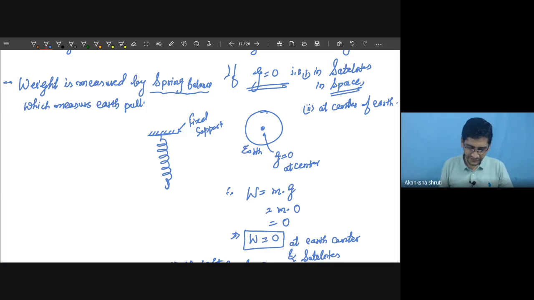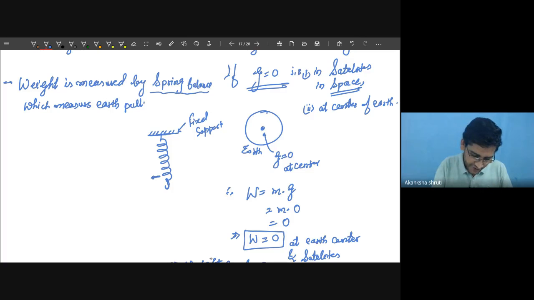Now this spring may be fixed with another pointer or a small wire which is projected outward, fixed at this end. Better to put it at the last end so all stretching can be observed. See, student, at the last end we can fix a small pointer.